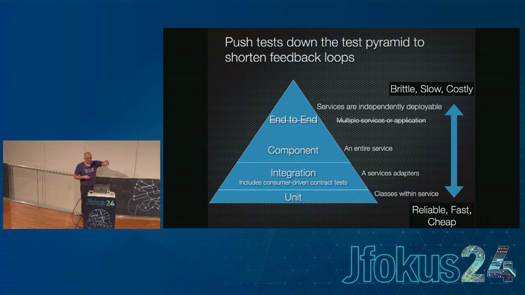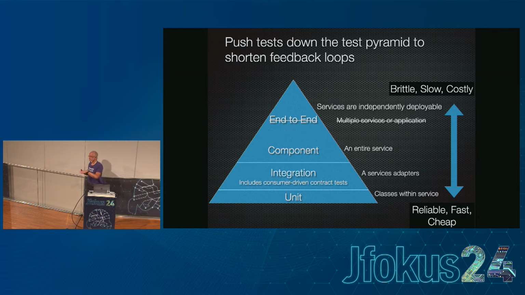And there's also the possibility of end-to-end testing where you're launching multiple services, and that's even more brittle, more slow, and more complex. And that is actually counter to the independent deployability principle of the microservice architecture. So that's not something that you should even be doing.